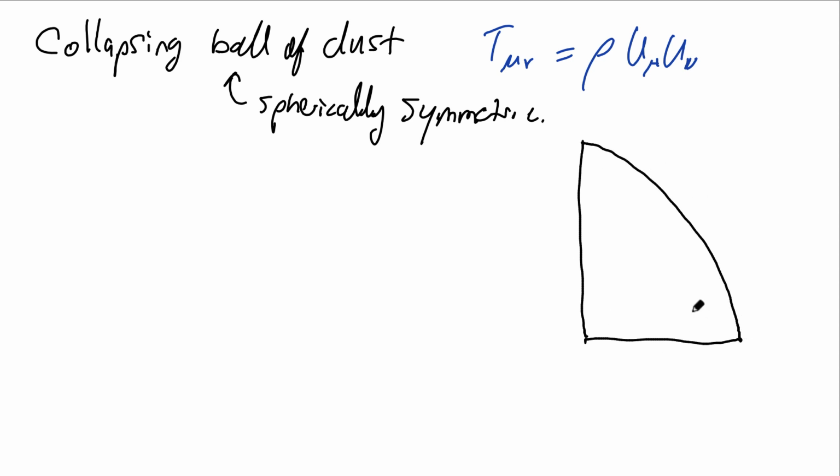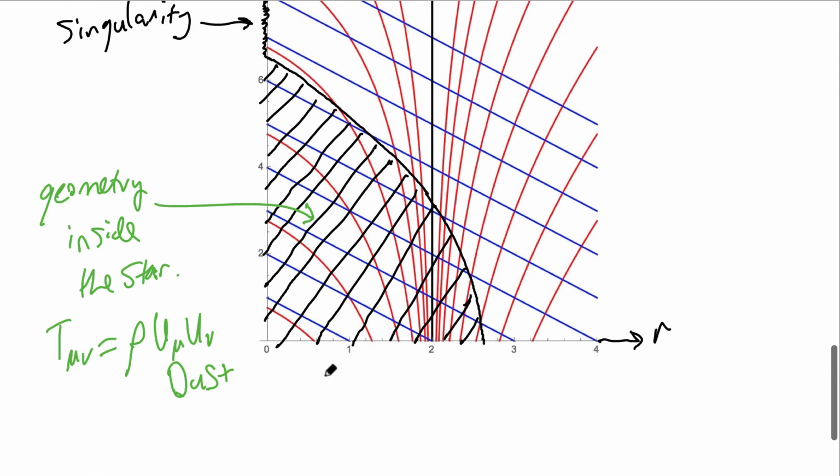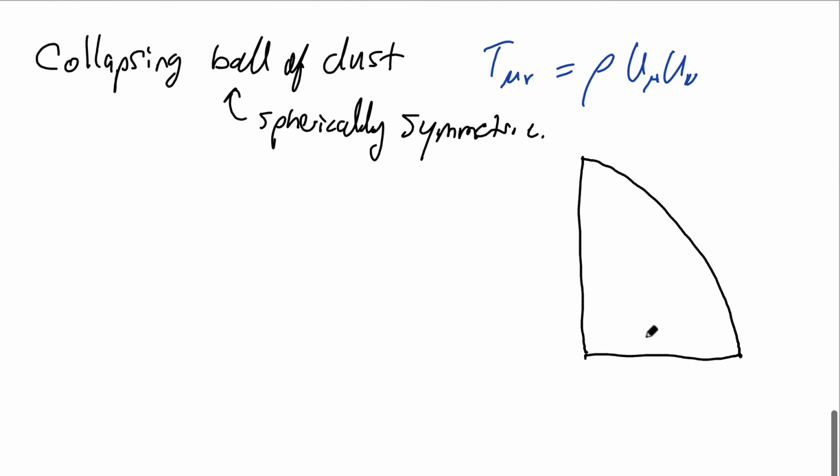Every point in this wedge is a two-dimensional sphere. This is the same wedge as we showed in this diagram. And I'm going to use coordinates to describe the geometry in here, which I'm going to call chi and eta.